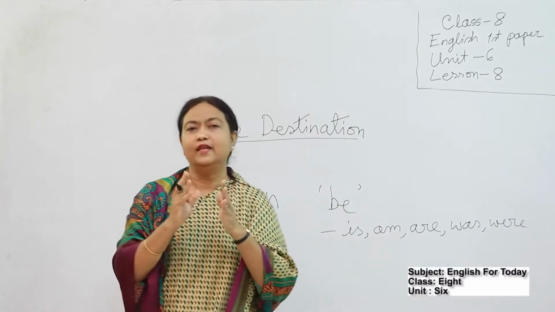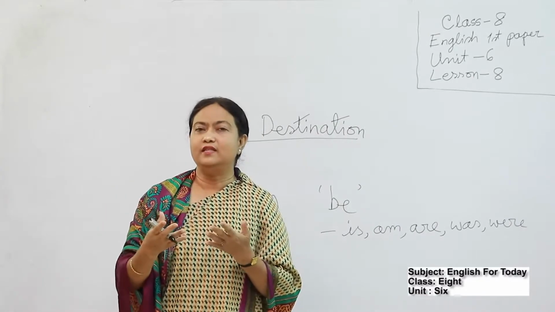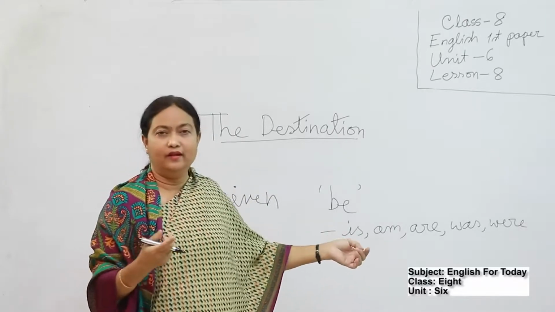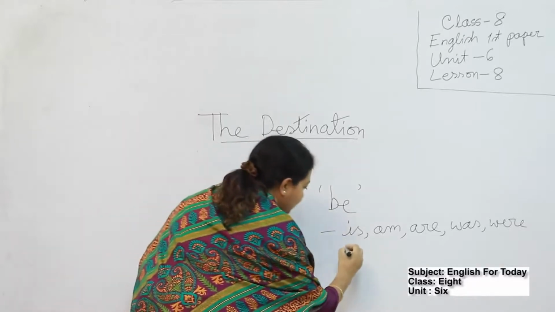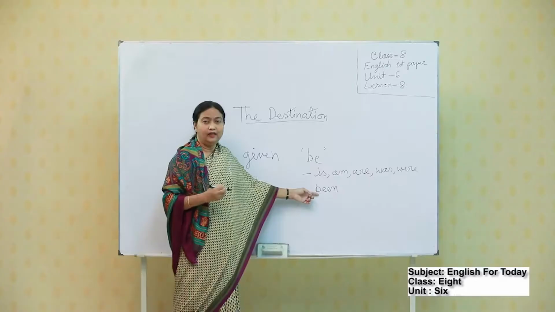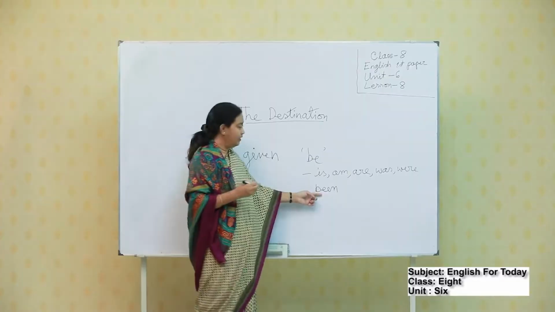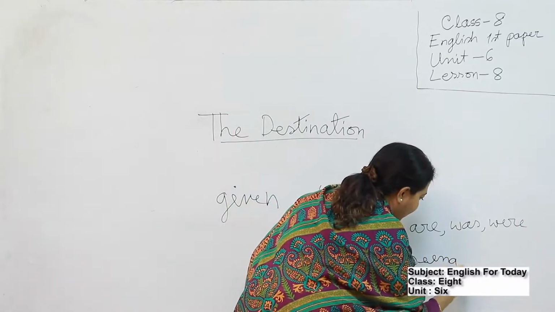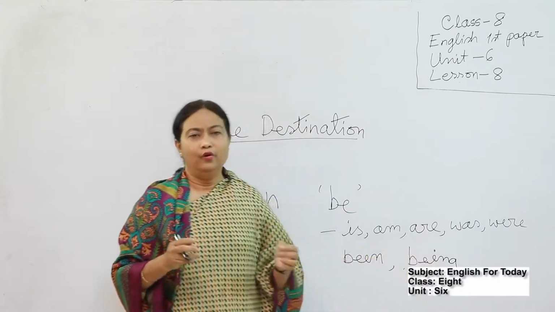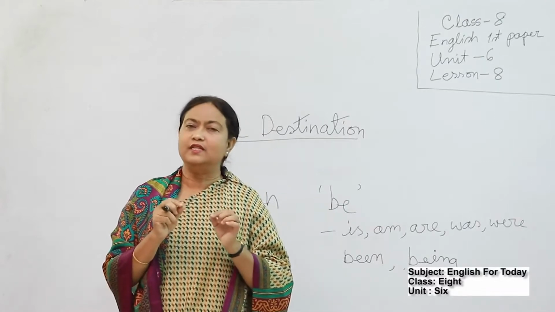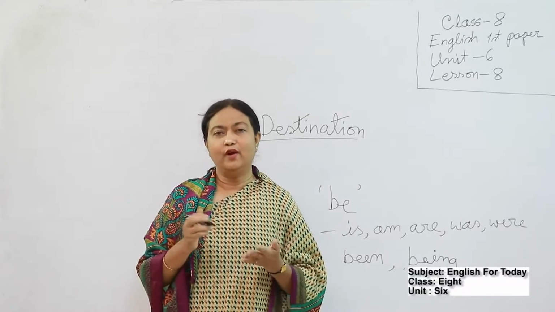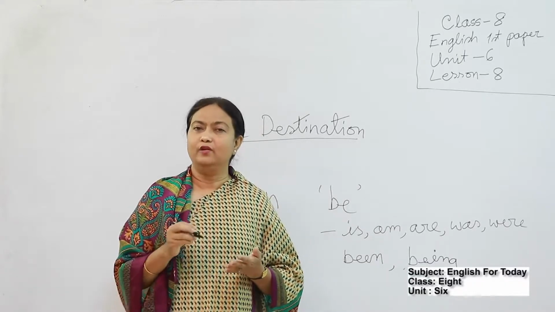If there is the verb be, you have to change it according to the situation into am, is, are, was, were. Also you may write been. This is the past participle form of be. If you need, you can choose been or being. This is the gerund form of be. So, which form you need, you have to put it in the gap. Okay, students? Now you have much time, so you have to fill in the gap in your exercise book.